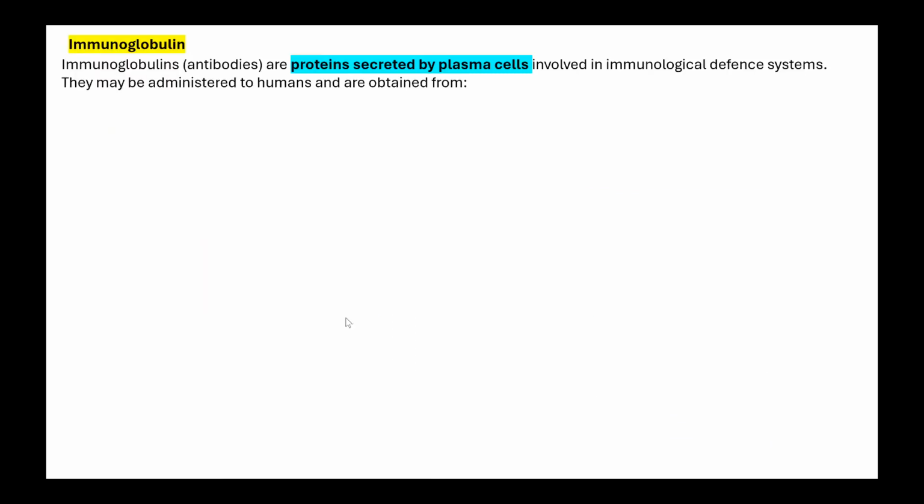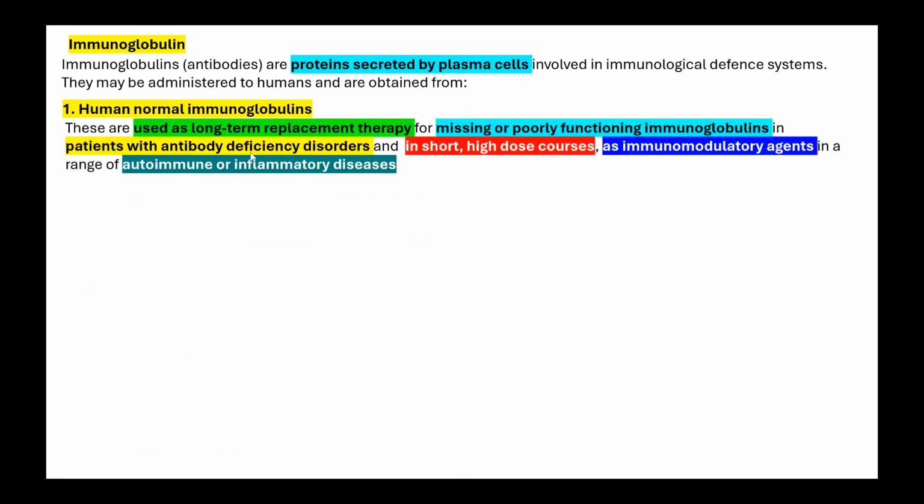Then the immunoglobulins are proteins secreted by plasma cells involved in immunological safety. They may be administered to humans or obtained from human normal immunoglobulins.